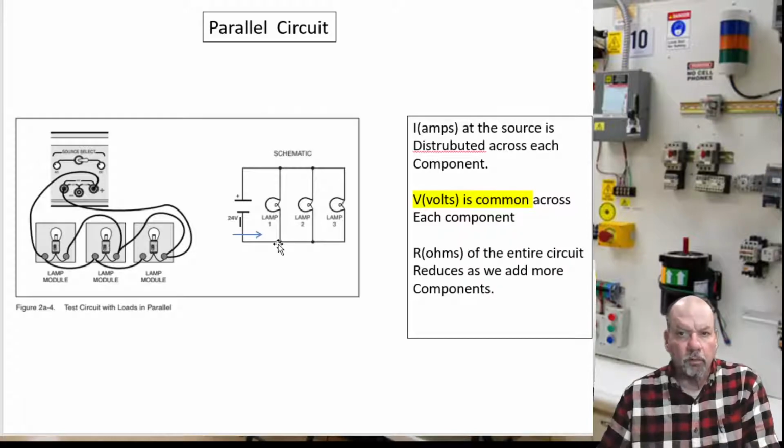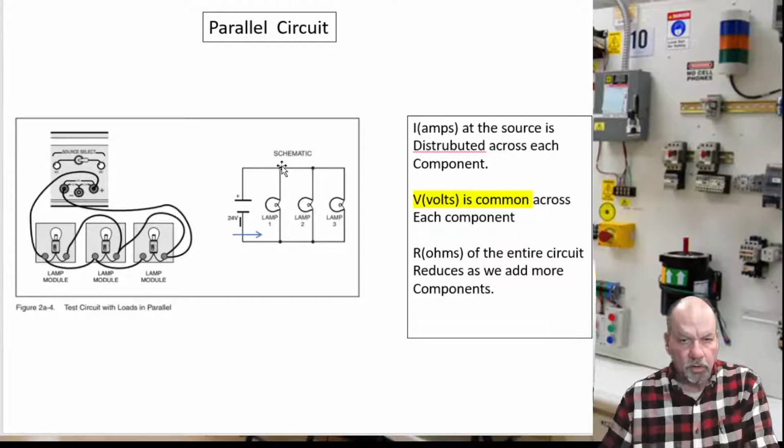All right, so the same is true in this circuit. We're taking our voltage source and we're tying it to all three of these light bulbs. We take the three little light bulbs, we wire them together, and then we wire it to the battery.